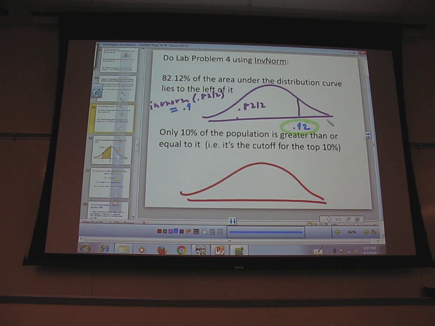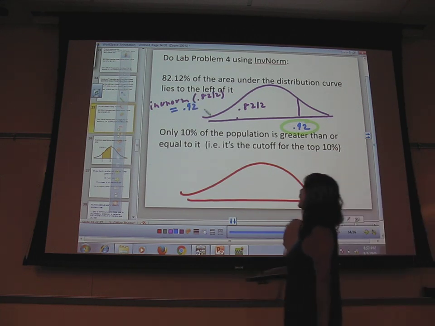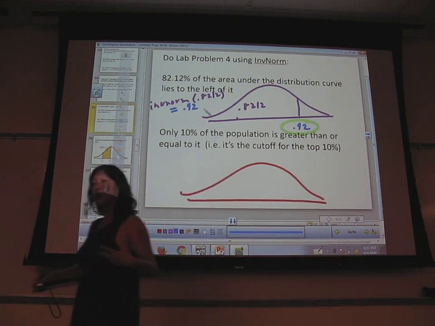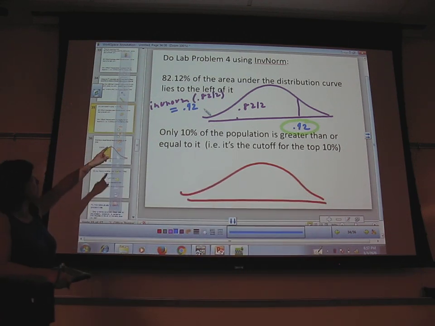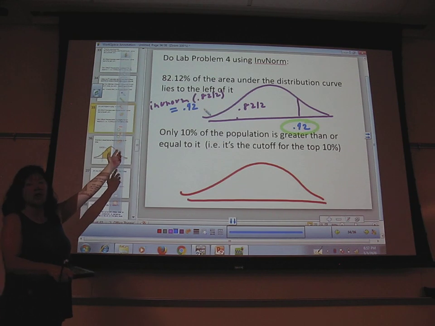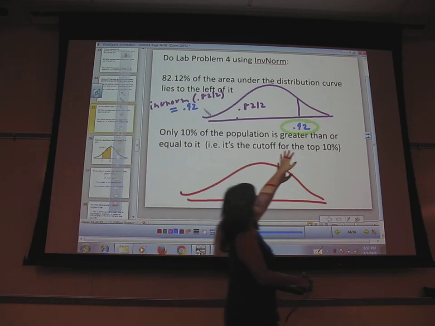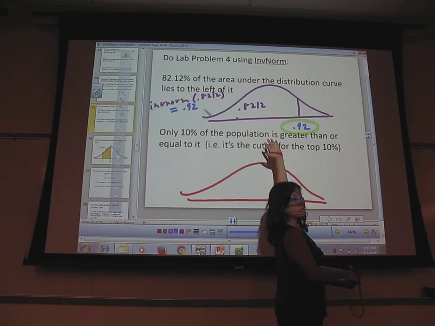Good. So inverse norm of 82.12%, in other words, inverse norm of 0.8212, convert to decimal, and you're going to get 0.92 when you round. Because remember, our z-scores have 2 decimal places, our areas have 4 decimal places.